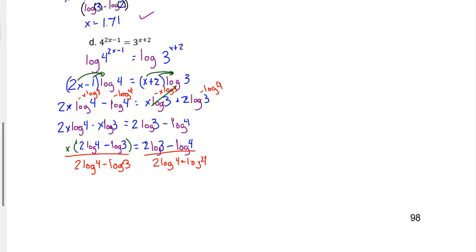Alright. So make sure you type into your calculator nicely. I'm just going to leave everything black here. 2 log 3, subtract.